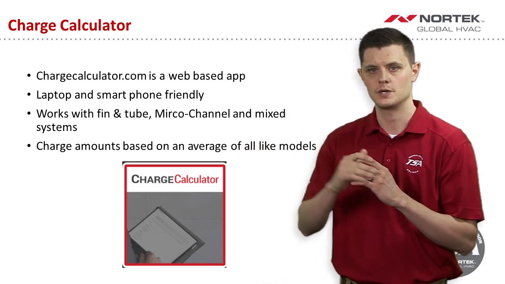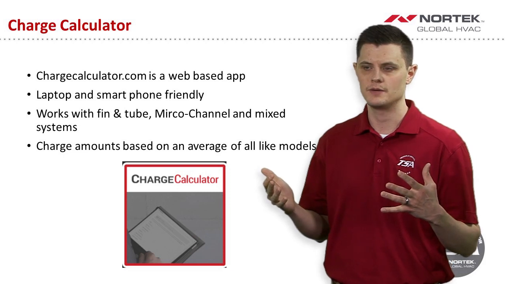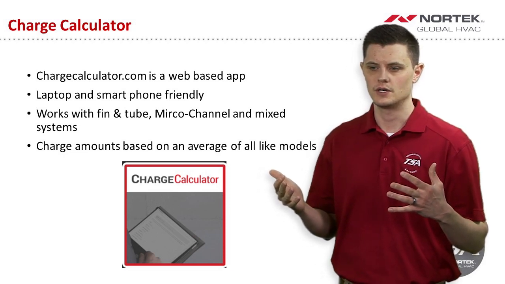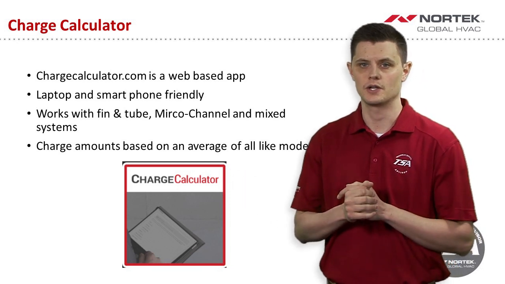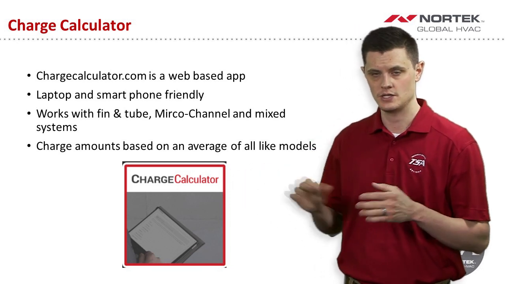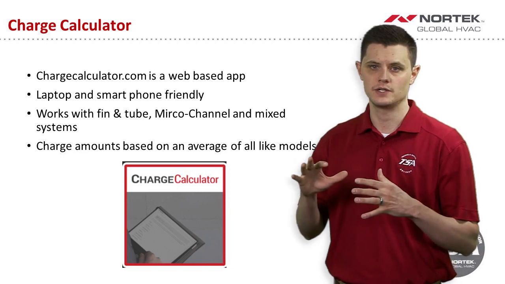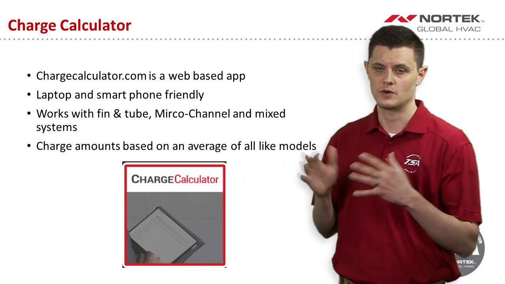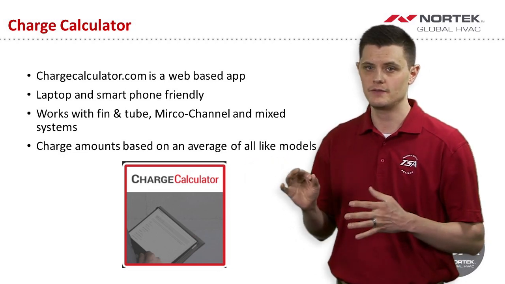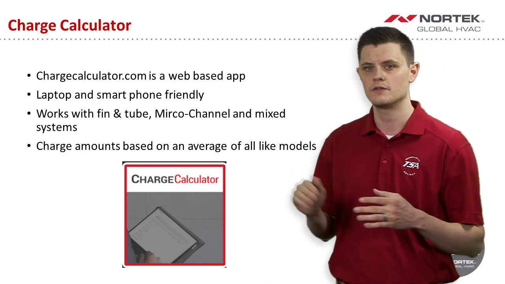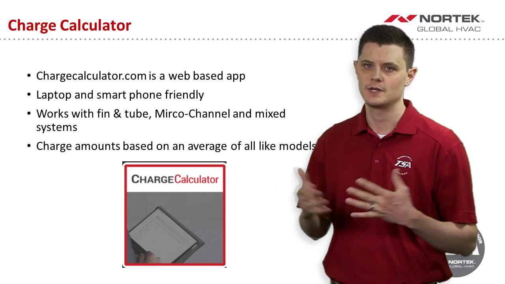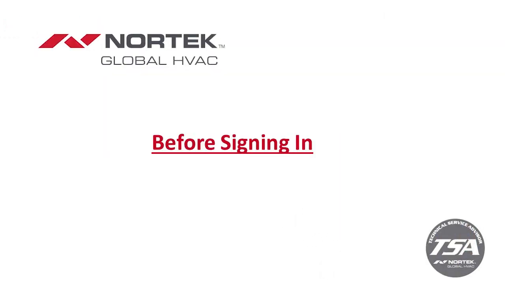I mean, those would be separate, but if you selected microchannel to microchannel on your equipment, and you picked 3 ton, it's going to average the charge out for all the 3-ton models. So it's very, very close. It's not 100% accurate when you don't know the charge level. So that's why I recommend getting the charge level on that.